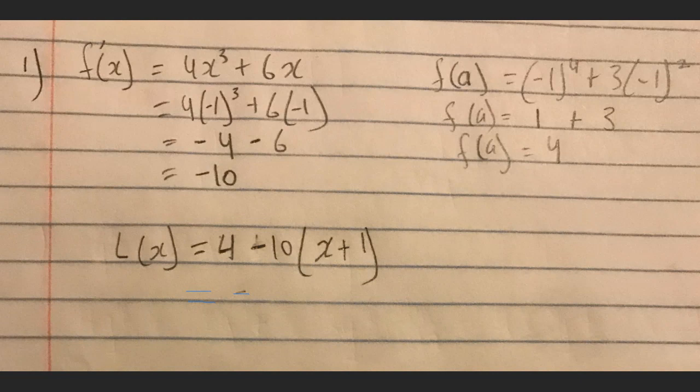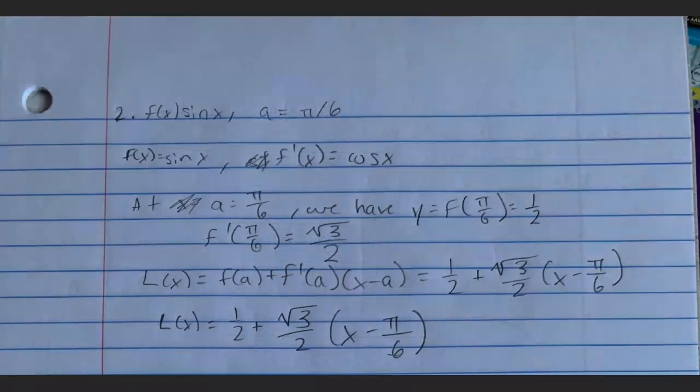Great. And so Zuli wants to show too. Can everyone see? Okay. So we're given the equation f of x equals sine x, and we have a value of pi over 6. I chose to do the derivative of f of x, which would equal cos x. At a equals pi over 6, we have to find the y value, which is equal to 1/2.